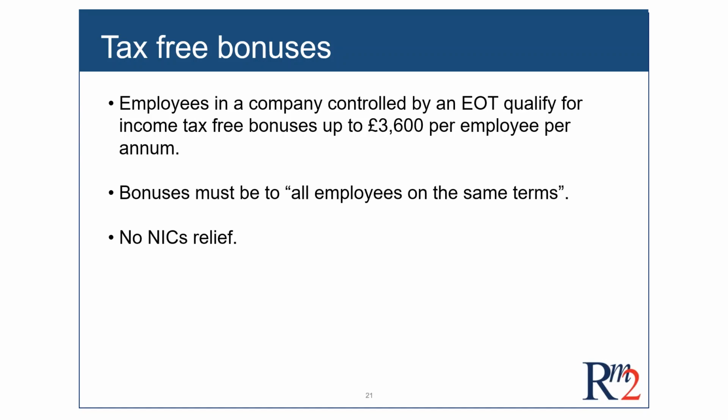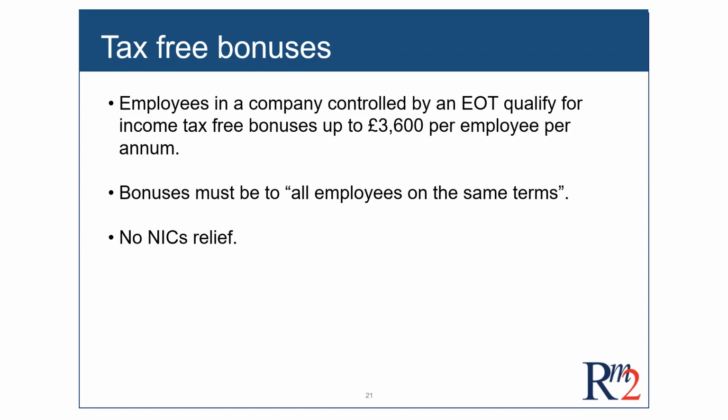The important part is that if you're going to pay a tax-free bonus, you need to pay it on the same terms. So it can't be a discretionary bonus. It needs to be calculated in an objective way. Remember, it's remuneration, length of service, hours worked, or you could just split it equally. You get income tax relief.